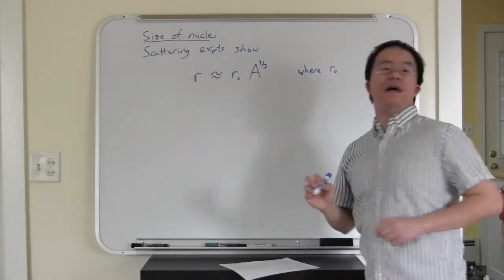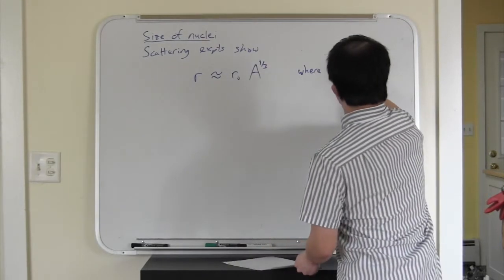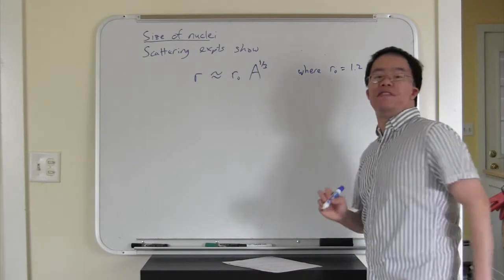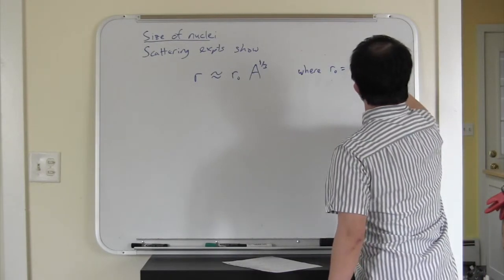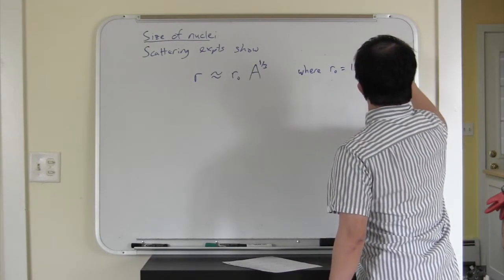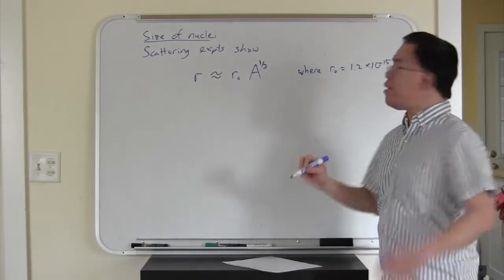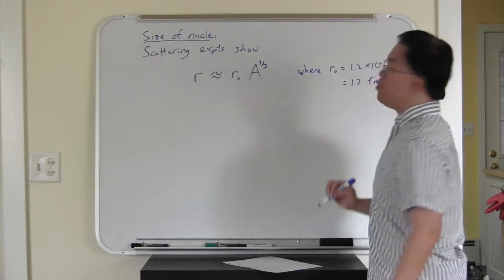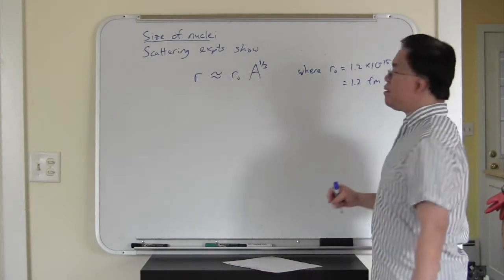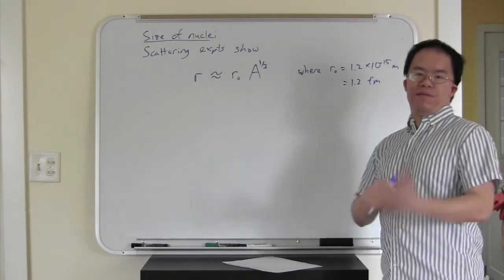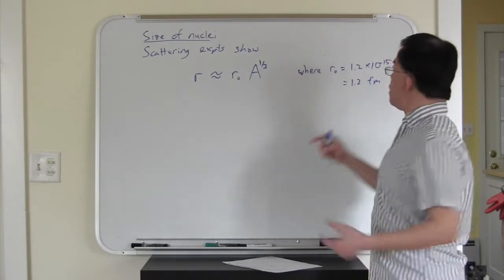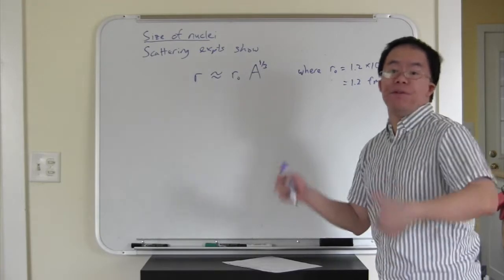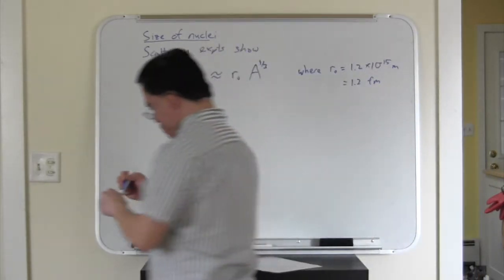r naught is approximately 1.2 times 10 to the minus 15 meters, or we might write that as 1.2 femtometers. And so thinking about certainly small nuclei, r naught is basically going to set the length scale for the nucleus.